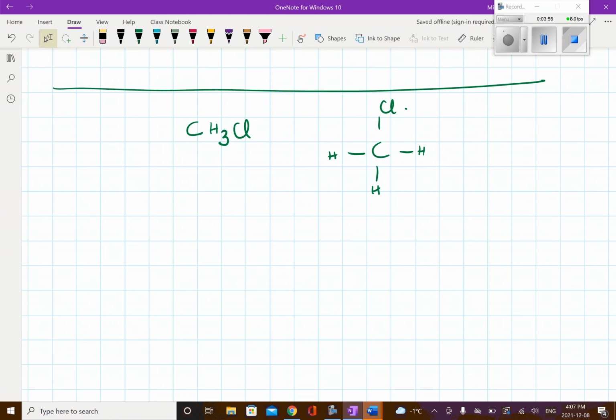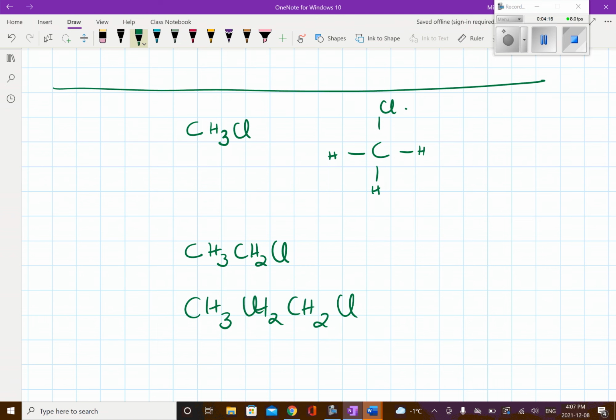Then when you add more, in the homologous series, you are adding a CH2, so you get CH3CH2CH2Cl.